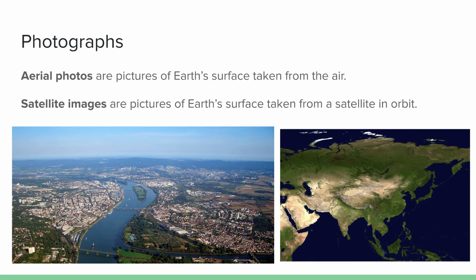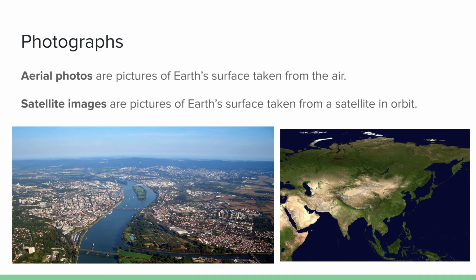Photographs. There are various photographs that geographers use while they work. The first one are aerial photos. These are pictures of Earth's surface taken from the air, just like the picture on the left. Now, on the other hand, there are satellite images.